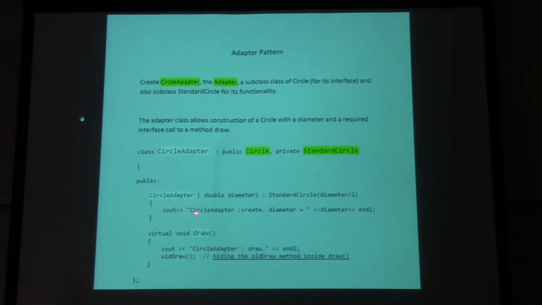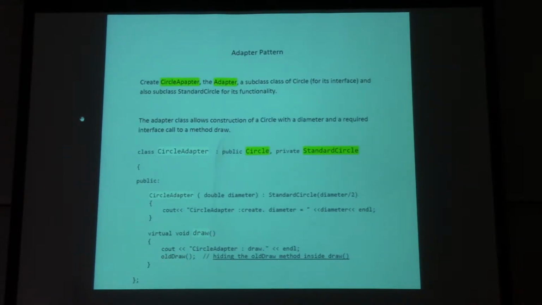And I'm going to say cout CircleAdapter create diameter equals, and give you the diameter. And then if you want to draw the circle, I'm going to say CircleAdapter drawing, and then all I'm going to do is call the old draw method, even though you're calling the draw method. So the client is going to use the draw method, and I will call the old draw method.